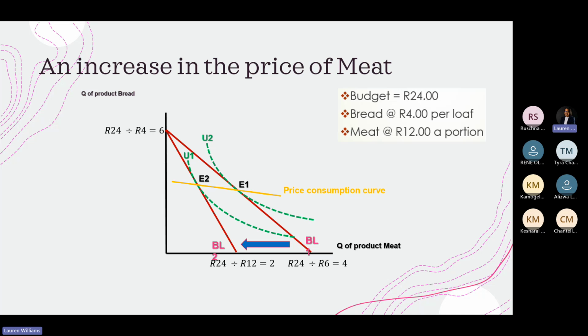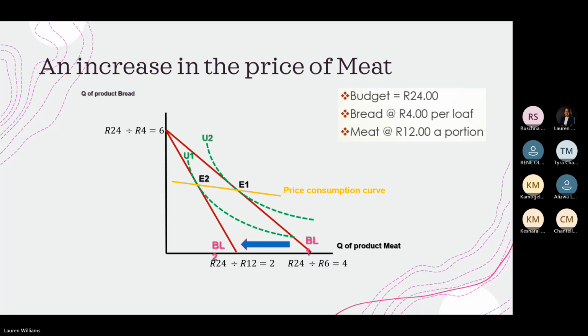Okay, so it will swivel inwards. The less the product costs you, logically, the more you'll be able to consume. The more expensive it becomes, the less you'll be able to consume.